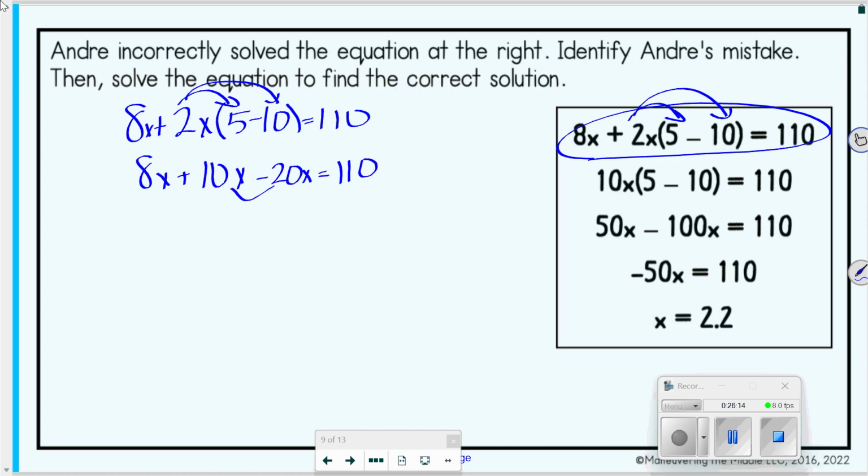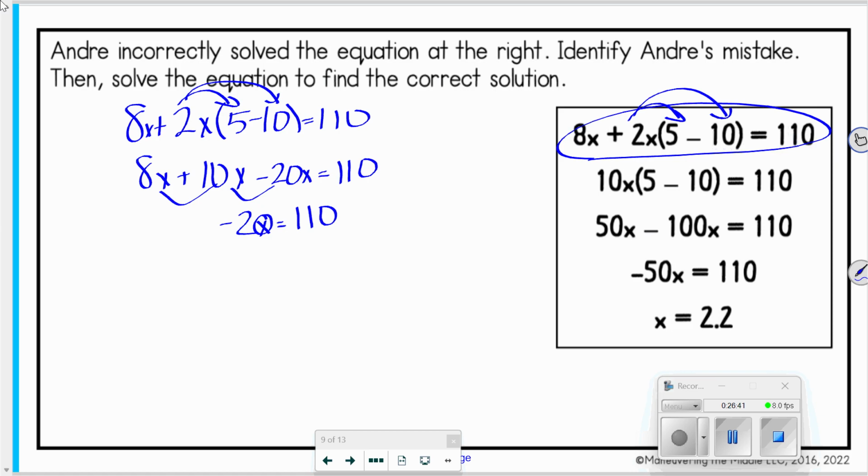I now do my combination. I've got 10x minus 20x and 8x. So 8x plus 10x gives me 18x. Minus 20x becomes negative 2x. Equals 110. And this is, again, why we went to Gemma. Remember, add, subtract goes left to right.